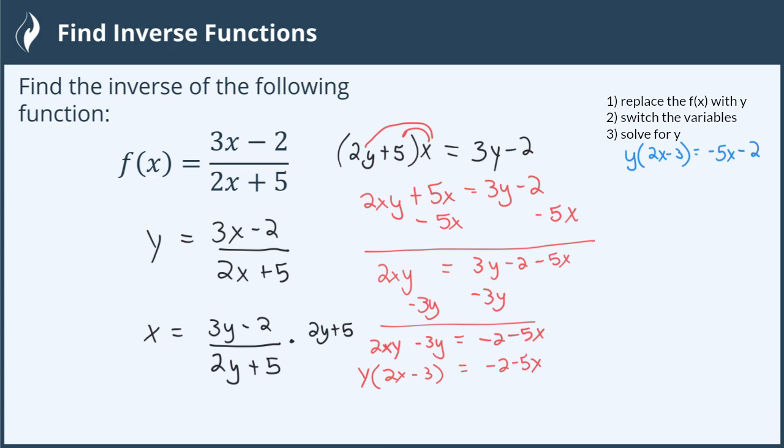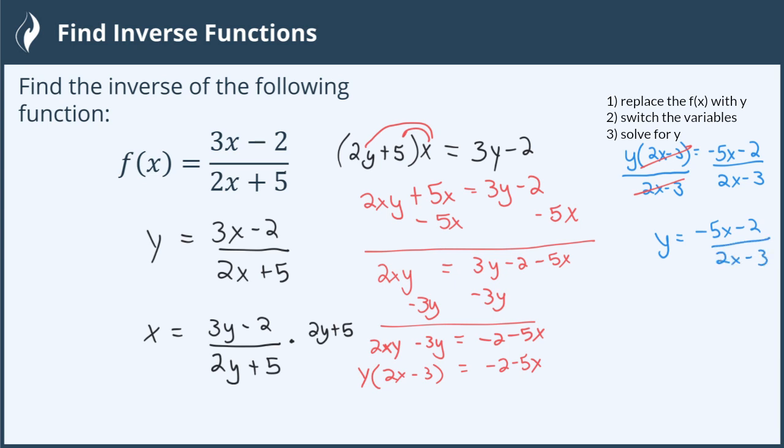Now I'm going to divide both sides by this 2x minus 3. And on this side, that cancels out. And so we're left with y equals negative 5x minus 2 over 2x minus 3.